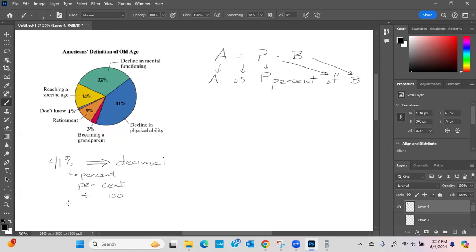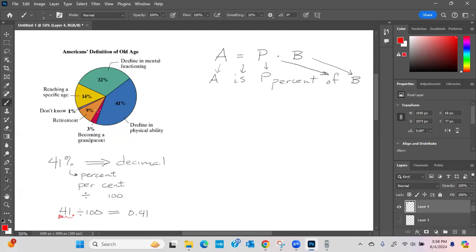So if I take that 41% and I divide by 100, I get 0.41. So that's the decimal equivalent of 41%, is 0.41. You just move that decimal. Now, I know you don't see one there, but if you don't see one, it's understood to be to the right there. But you can move it 2 places to the left to get the decimal equivalent of that percentage.